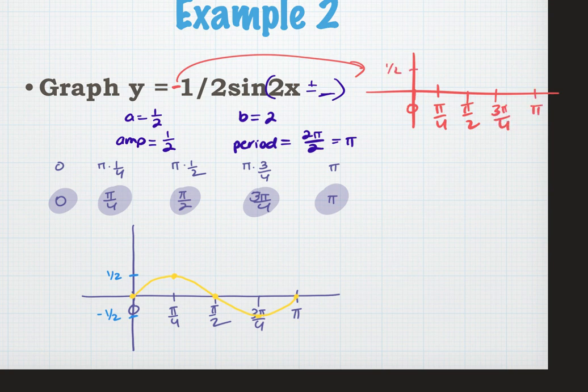My 1/2, my negative 1/2, except I would have started at 0, and instead of going up to 1/2, I would have come down to negative 1/2, 0, 1/2, back to 0. So if there had been a negative on the front, which is important because that's really all you have to do, is at the end, flip it. Questions so far?